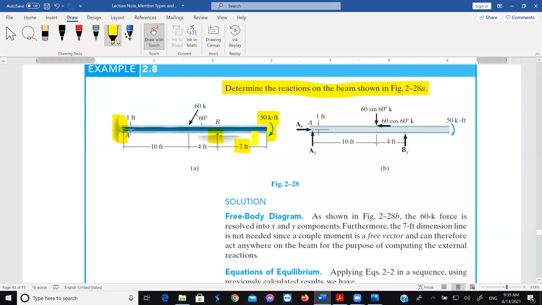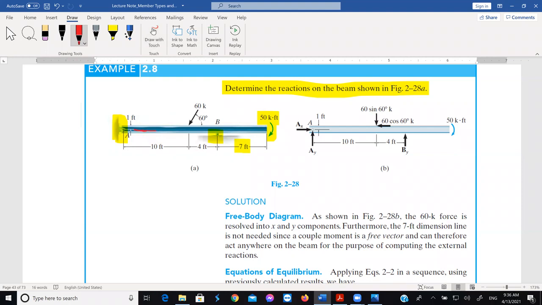So as you know, we just need to determine the orientation of axes in determining the reactions applying the equations of equilibrium. So first we need to assign a coordinate system here.